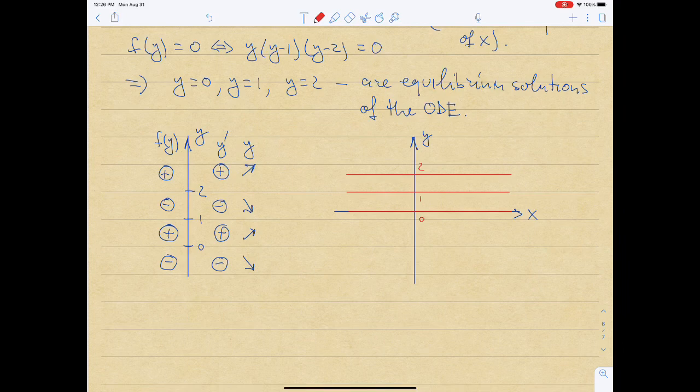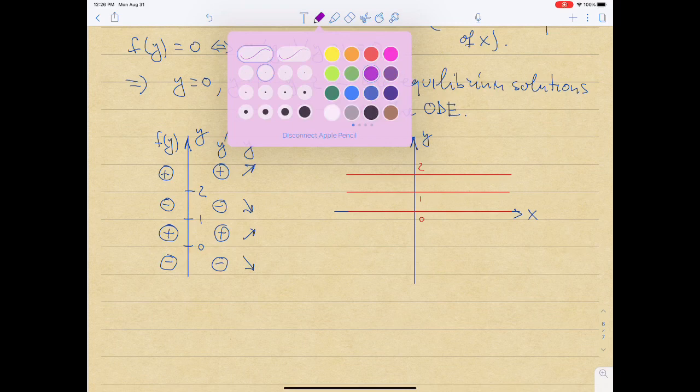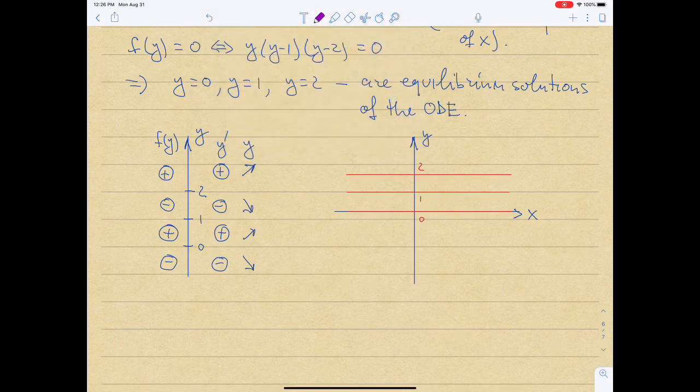All right, and then what do we know? We know that when y is bigger than 2, all solutions must be increasing. So therefore, a typical solution should look like this. It's increasing.